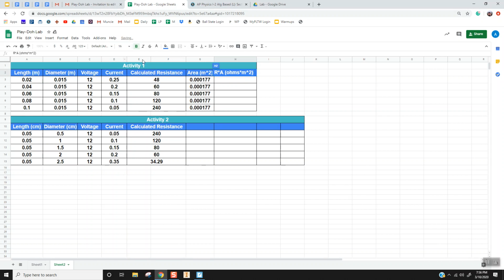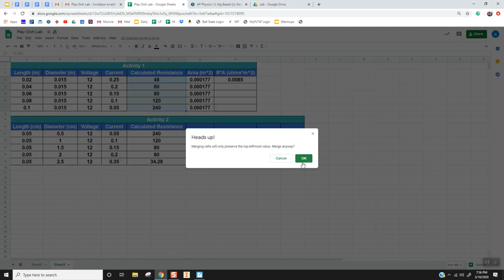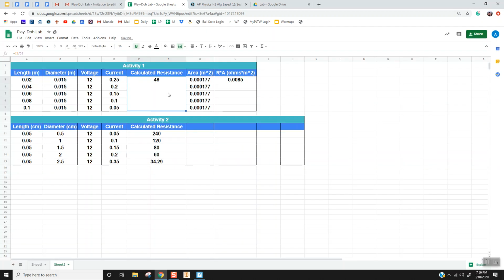So this is going to equal ohms times meters squared. And there we go. Might be something a little wrong here, so I'm going to go ahead and, okay, there we go. Go ahead and drag this down, and good to go. So now I've got resistance times area. Let's go ahead and try to make this graph.